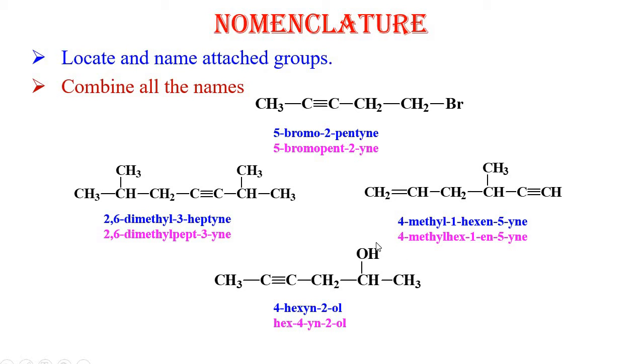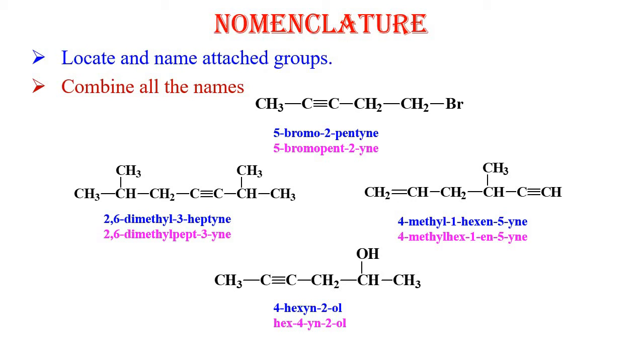Here the main functional group is OH. So numbering is done by giving the lowest number to the main functional group. Numbering is done for this at 1, 2, 3, 4, 5, 6. The name is 4-hexyn-2-ol. So while naming alkynes, first choose the longest chain containing the triple bond, then locate the substituents and number them alphabetically.